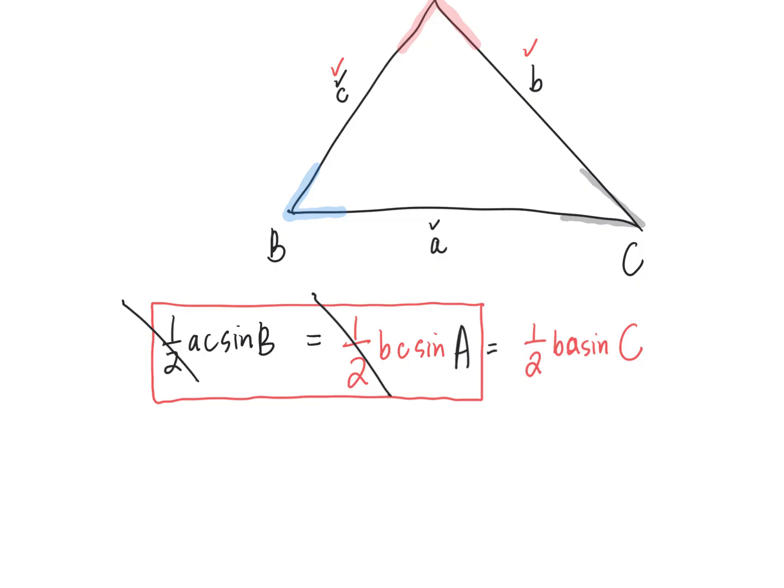C. Okay, now can I try to group all the A's and the B's together? So if I keep my sine B here, and I keep my sine A here, so let me just write them down. Sine B, sine A. How can I shift my B and my A?